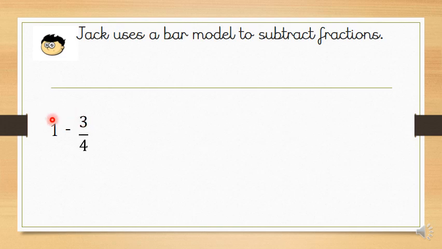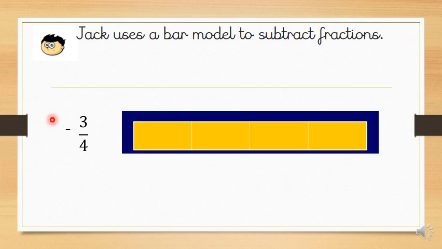So try and imagine that in your heads. And here is a diagram to show you. You've got 4 quarters, each has been shaded in. We've got one whole, so we know that 4 quarters equals one whole. So we can change out the one whole for 4/4 or 4 quarters.